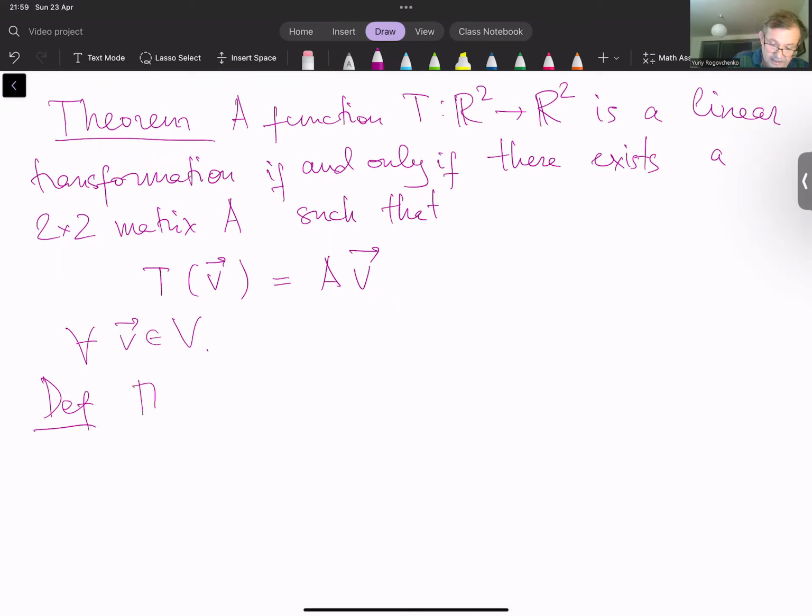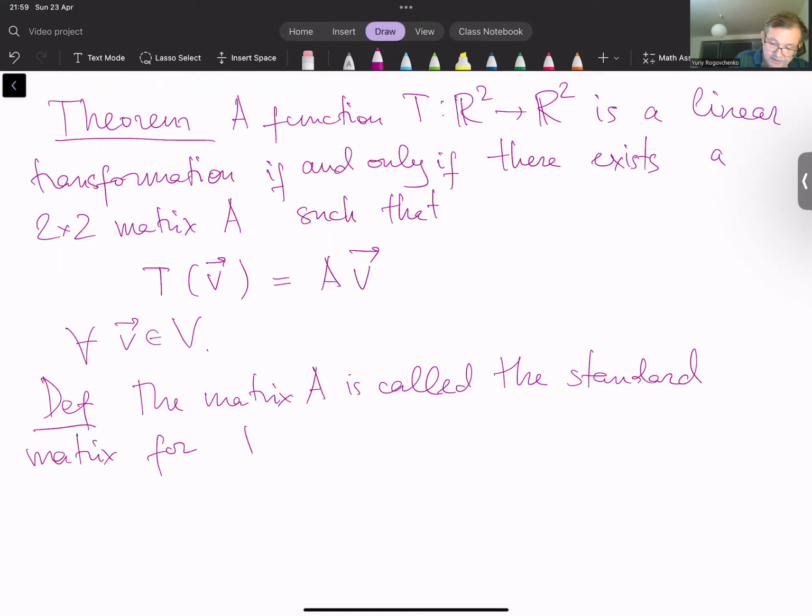So the matrix A defined in the theorem is called the standard matrix for the linear transformation T, and its two columns are given by the following.